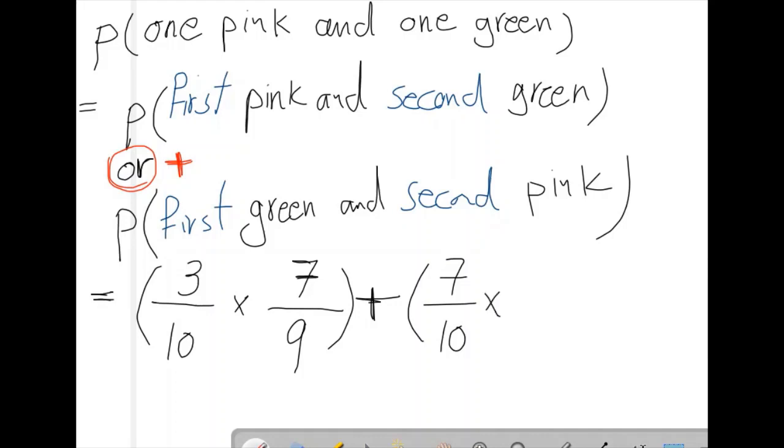Second pink, it means because the first one was green, we still have all the 3 pink candies in the bag, so we have 3.